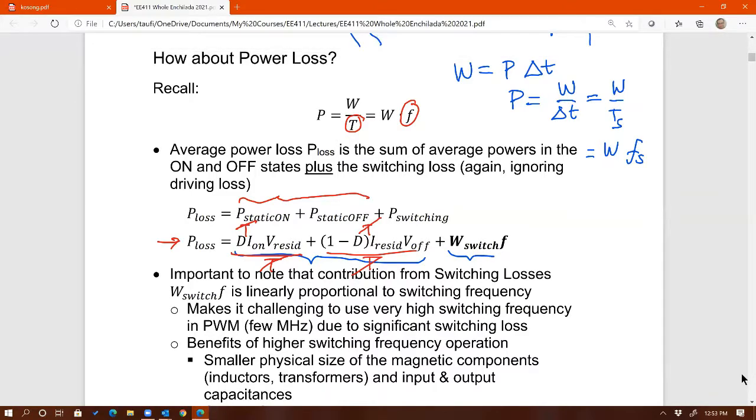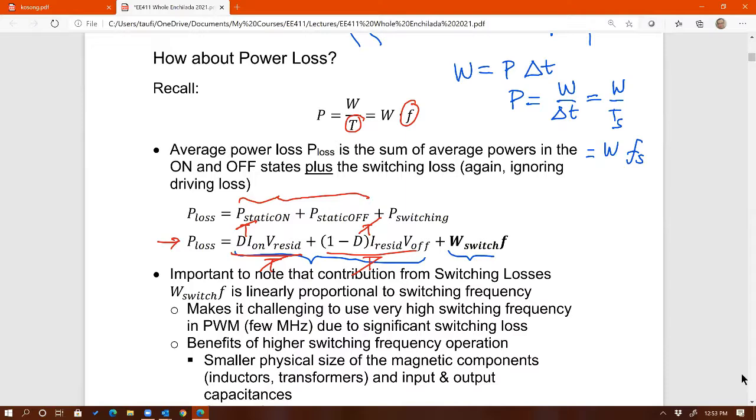Right? So now I have the equation for P loss for the static as well as for the switching transition, right? So you can see that the simplified equation for power loss during static condition is duty cycle times I on times V residual, and 1 minus duty cycle times I residual times V off.